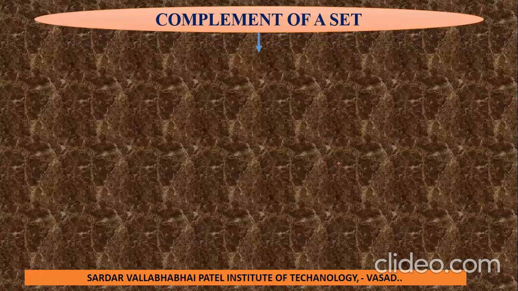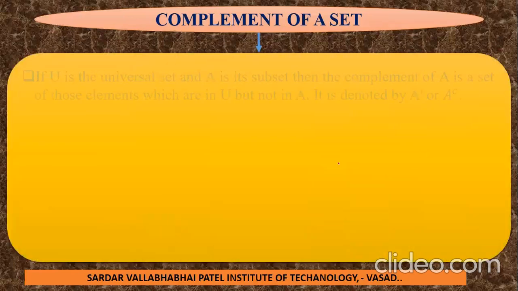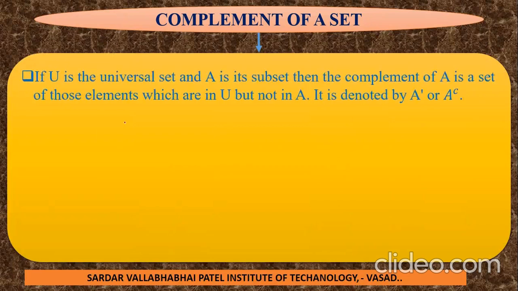What is the definition of the complement of a set? If U is the universal set and A is a subset, then the complement of A is the set of those elements which are in U but not in A, and it is denoted by A dash or A complement.